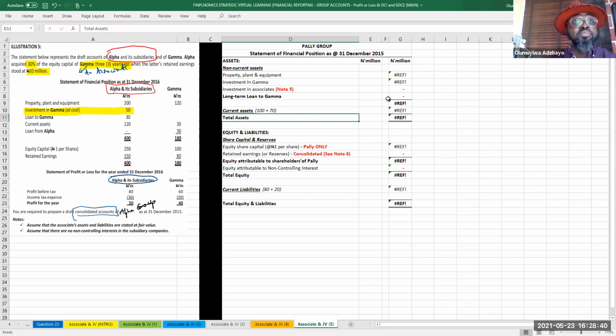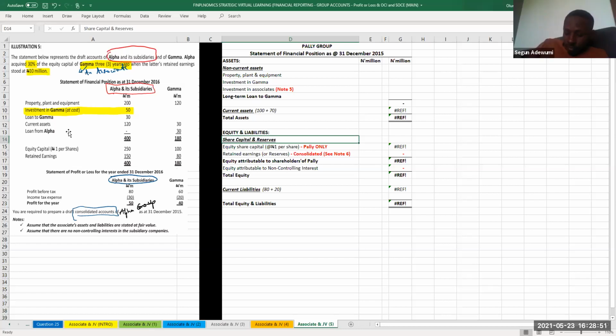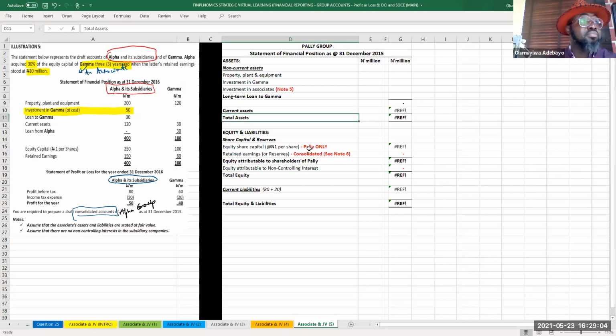Okay. Current assets. Share capital. Retained earnings.